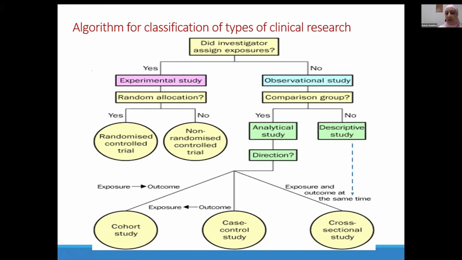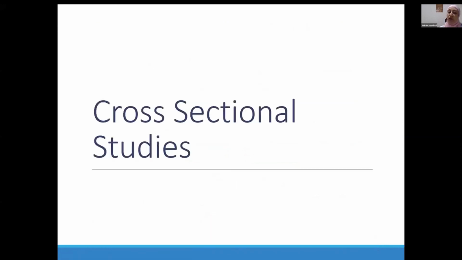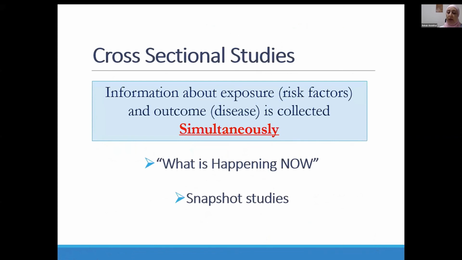Now, cross-sectional studies are classified as analytic studies if we have comparison groups, and they are also classified as descriptive studies if we do not have comparison groups. So let's see how this goes. So cross-sectional studies collect information about exposure and outcome simultaneously.